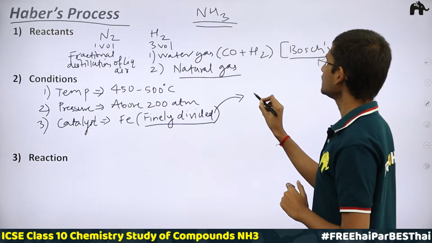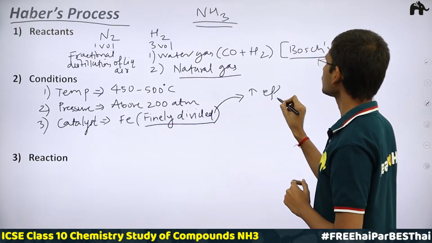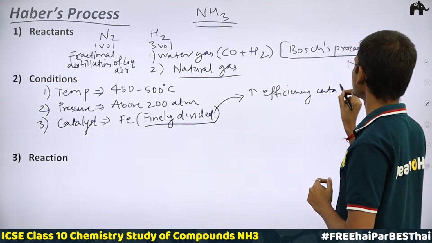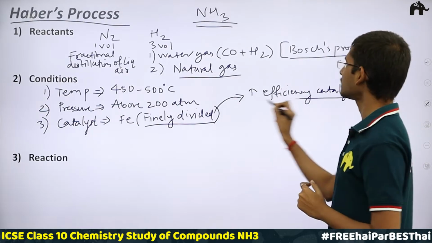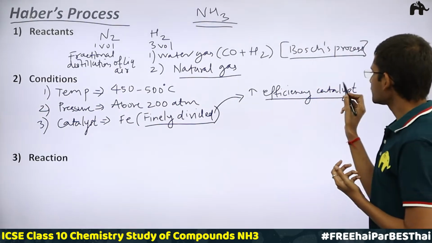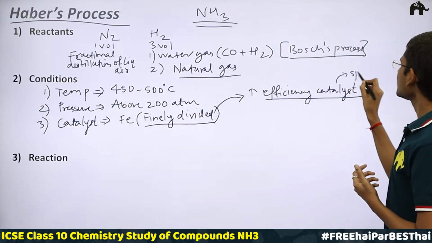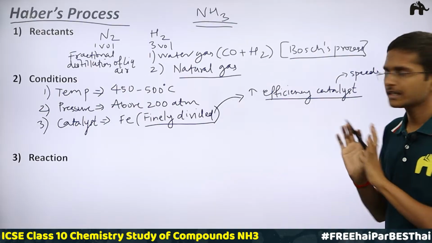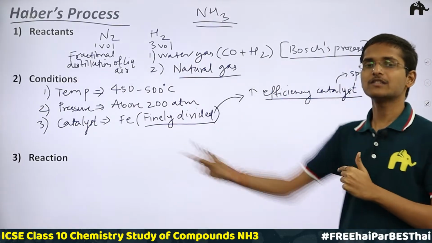This is actually increasing the efficiency of the catalyst. Now I don't need to tell you what is the function of the catalyst. Catalyst is simply a substance which just speeds up the reaction without taking part in the reaction. It doesn't take part in the reaction, but it speeds up the reaction, right?